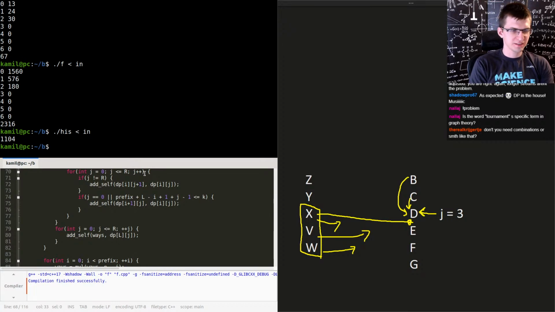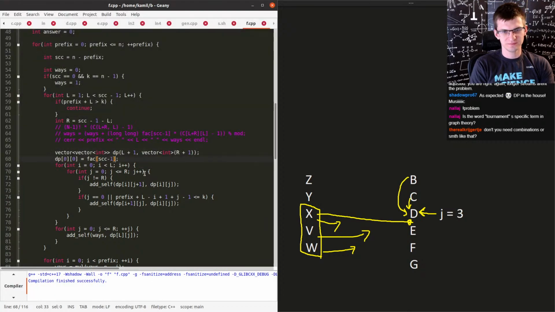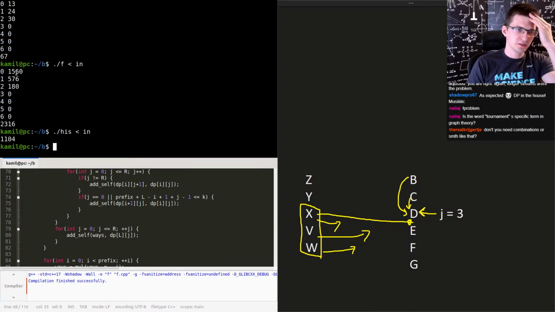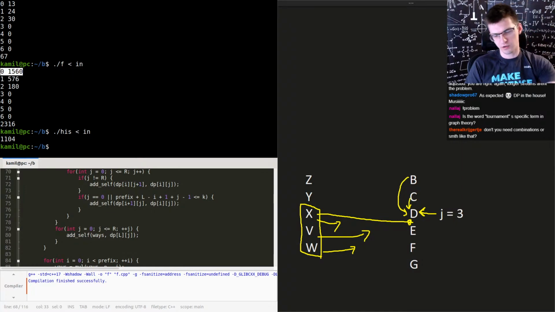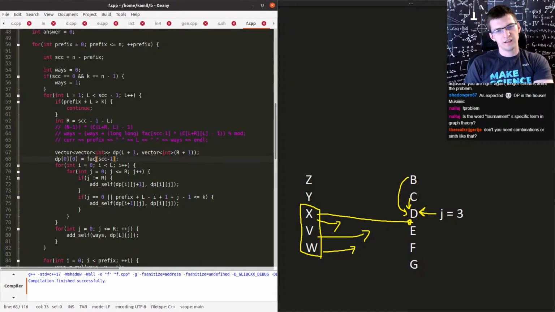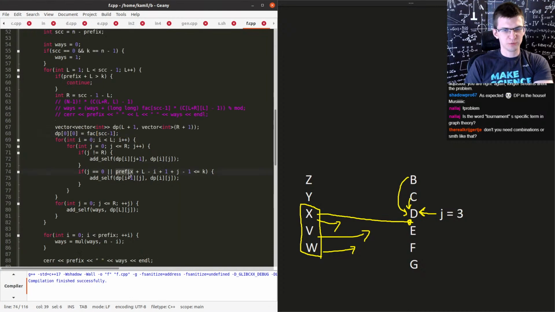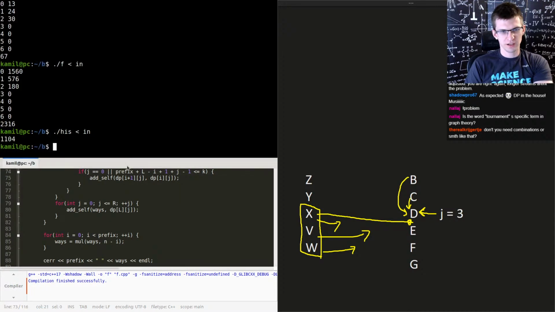Not quite there, but now at least the magnitude is right. And it's already too much here for the very first case where prefix is 0, so it's not a mistake with prefix. Like for prefix 0 already I have two big answers.